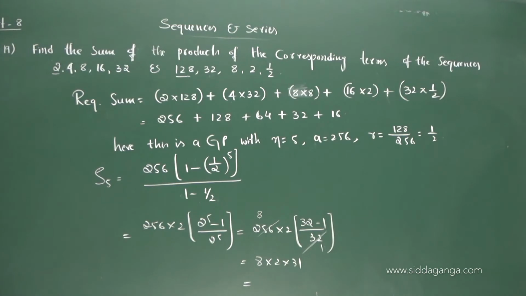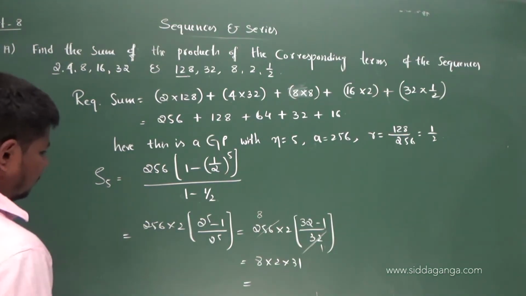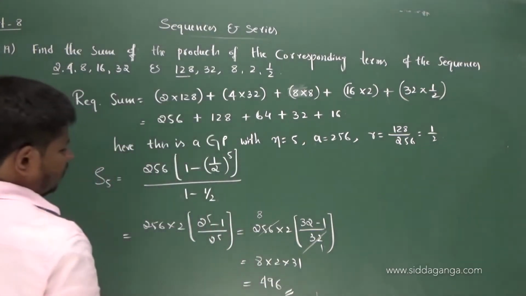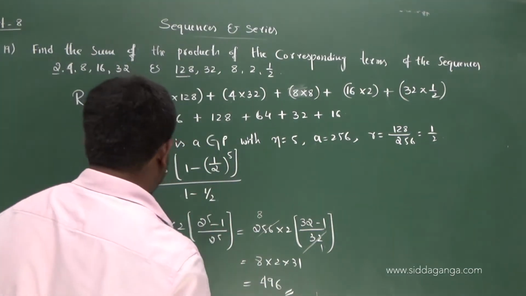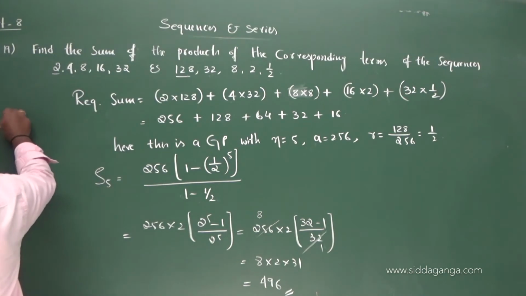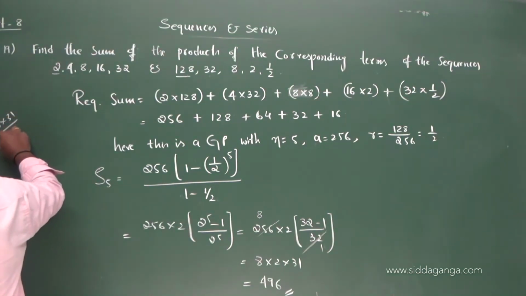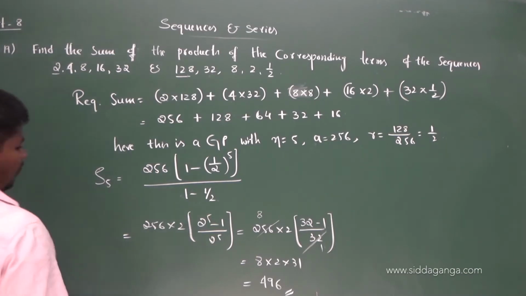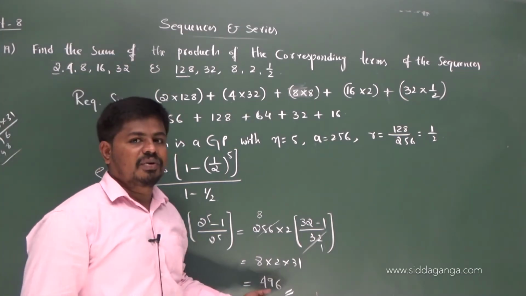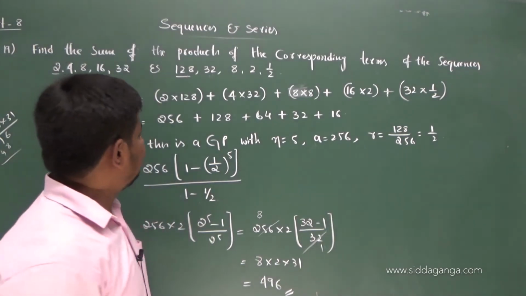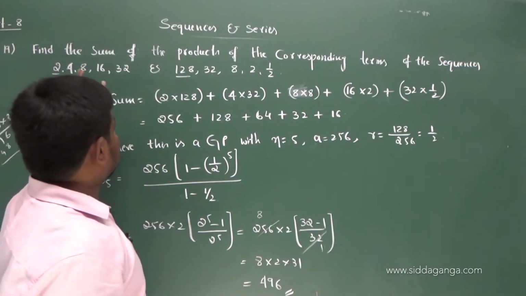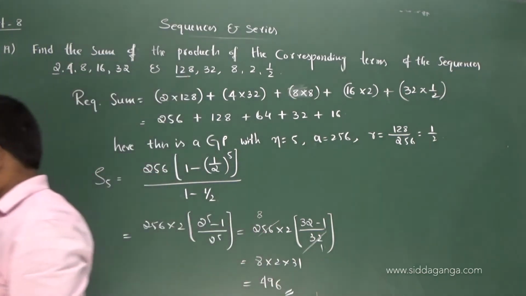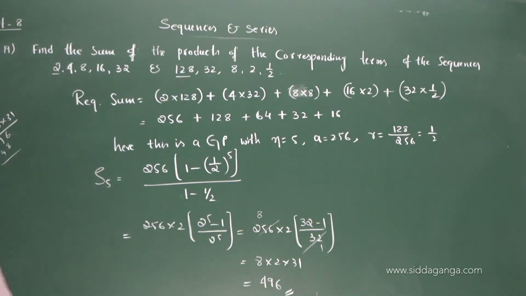So 16 into 31, you get 496, right, 16 into 31, so that is 496. Yes, your answer is 496. So this is your required answer, that is the sum of the products of the corresponding terms of the two sequences. Okay, so this is about question number 19.